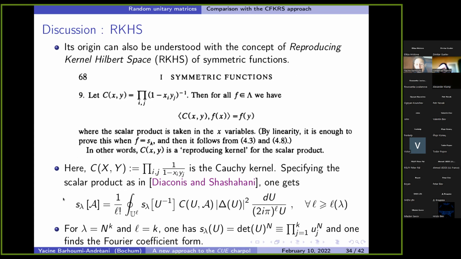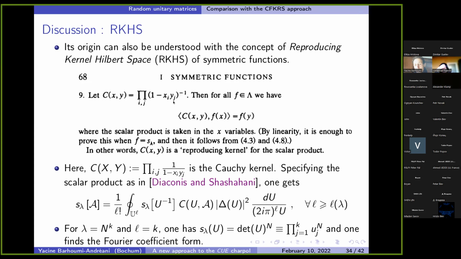where does the s_lambda come from? I mean, where the integral comes from. So here you can understand with the concept of reproducing kernel and reproducing kernel Hilbert space of symmetric functions. So this is an extract of the book of Macdonald, Symmetric Functions and Hall Polynomials. And you see that you can express any function in the space of symmetric functions, Lambda, as a scalar product against the Cauchy product.